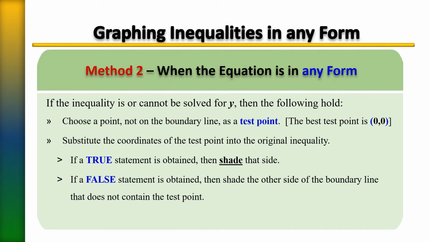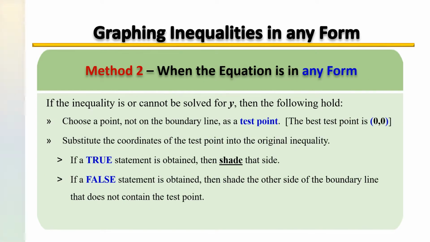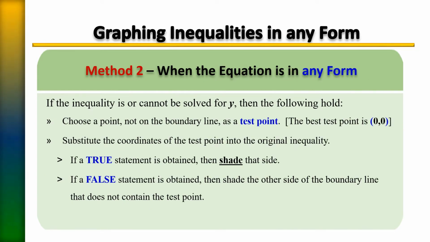Now, method 2 you can use when an equation is in any form, regardless of what form it's in. To use that test point method, you're simply going to use the point 0, 0, and that's if your line does not cross right through 0, 0.